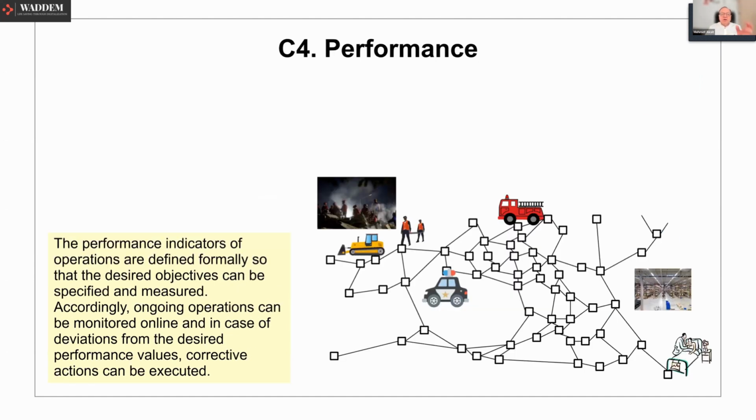Performance is also important. What we want to define and actually measure are the performance indicators. The performance indicators of operations are defined formally, or should be defined formally, so that desired objectives can be specified and measured. Accordingly, ongoing operations can be monitored online, and in case of deviations from the desired performance values, corrective actions can be executed.